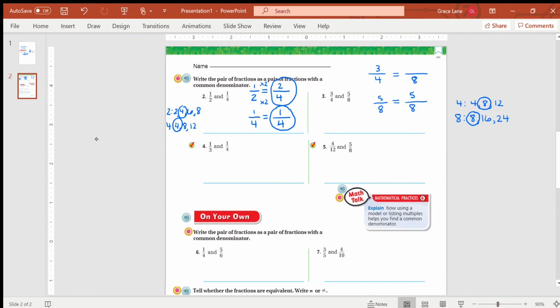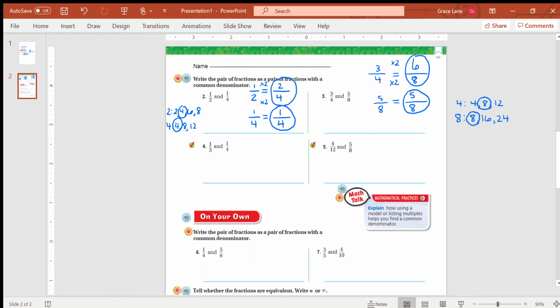The 4, though, to get to 8, you'd have to multiply by 2. So whatever you do to the denominator, you also have to do to the numerator to keep it equivalent, just like what we've been doing. So your two new fractions would be 5/8 and 6/8.